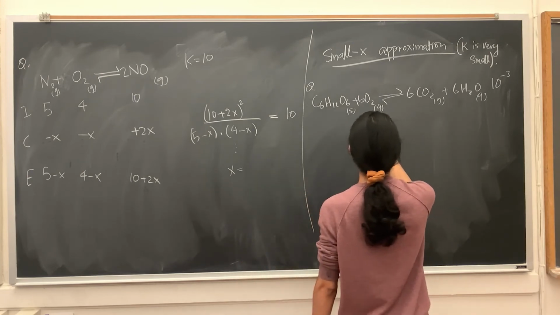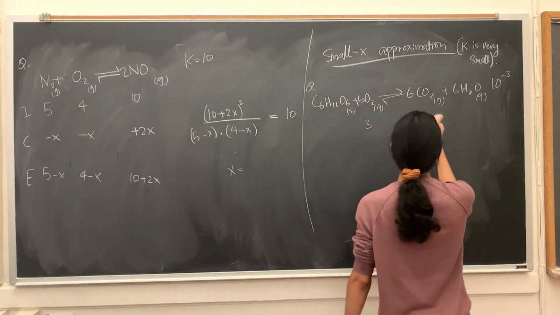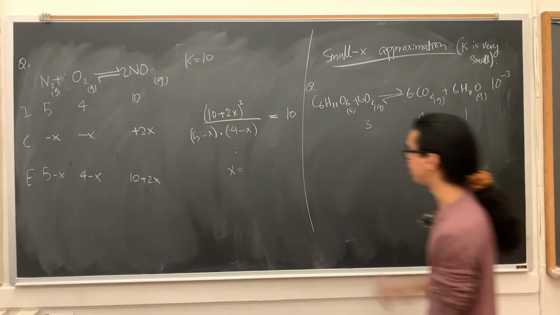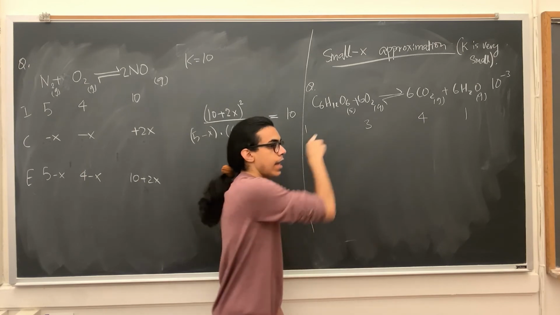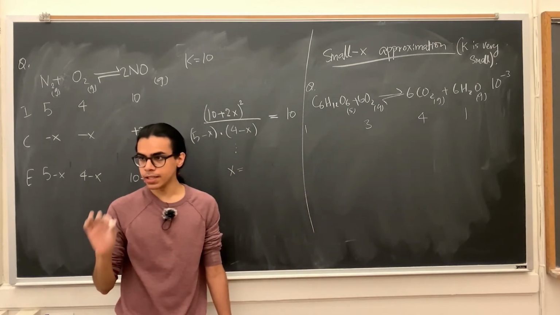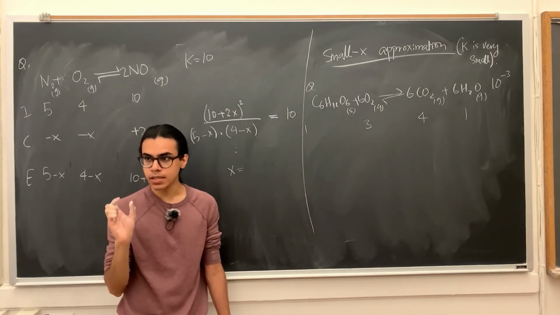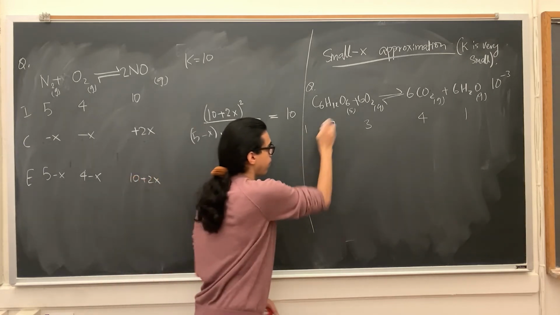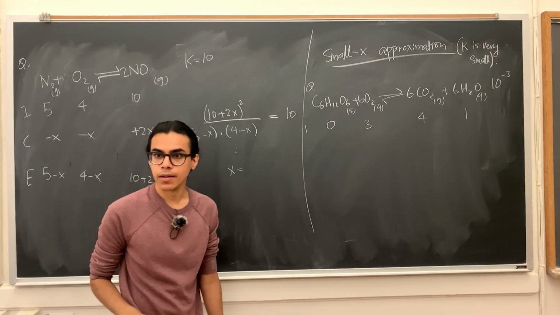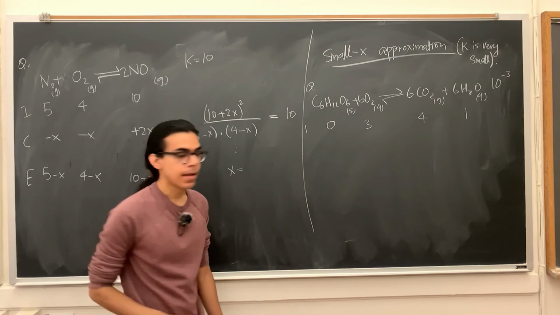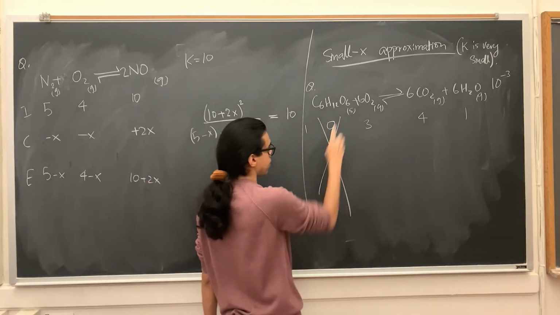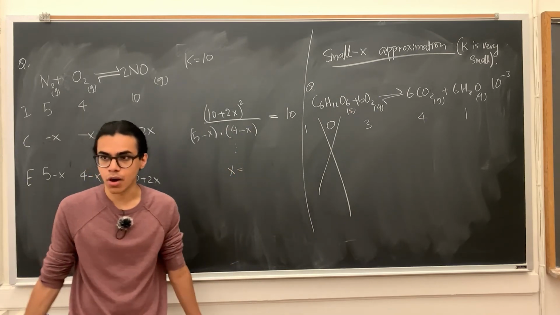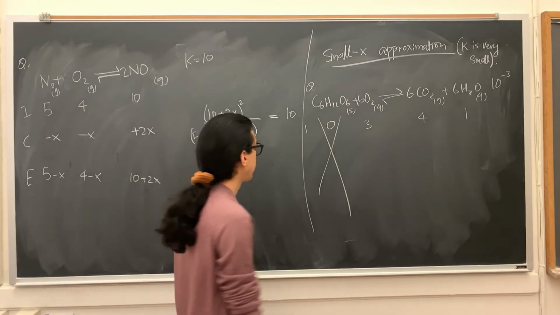I give you 3 here, 4 here, and 1 here. These are the initial values that I've given. Anytime in a question you're not given the initial value of a certain species, you should assume it's 0. Missing? 0. And we don't even care about the solid species. Just cross out the solid and the liquid parts.